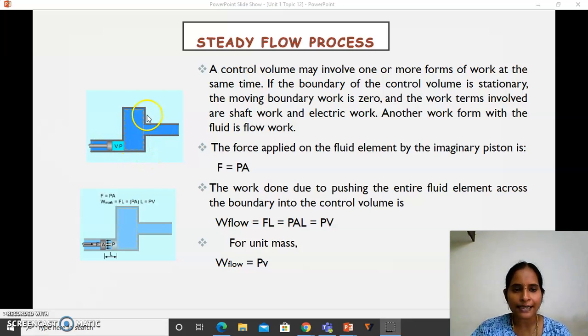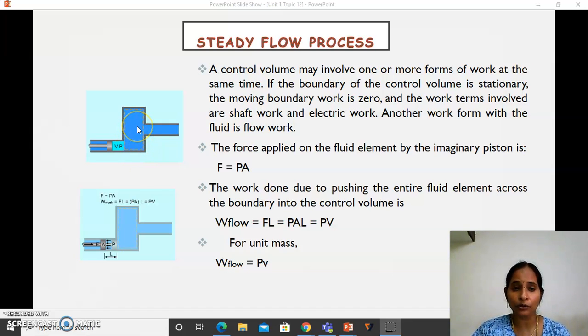You have to take some area or region in which you give your attention. Here you can see this rectangle. This rectangular part can be considered as the control volume.